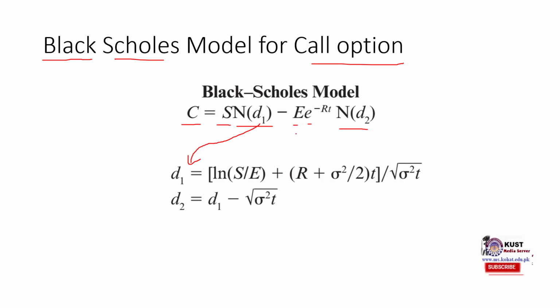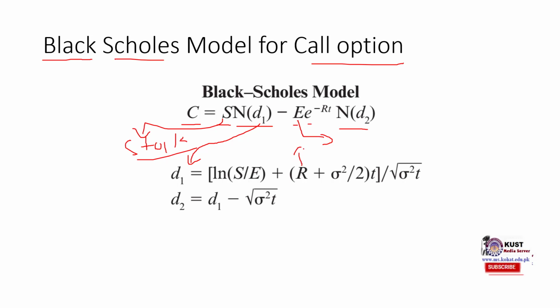Just to give you an idea, we are going to discuss this model in detail in the next slide. But we have S naught, which is stock price. You remember the stock price is one of the determinants used to find the value of the option. This is exercise price. This again is a determinant.